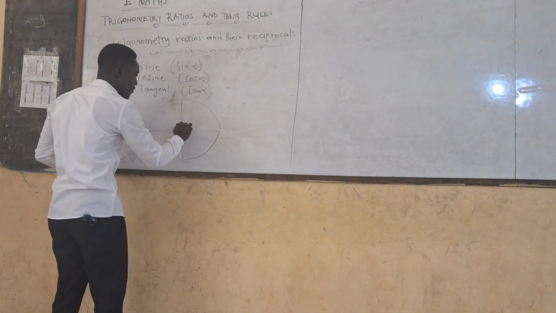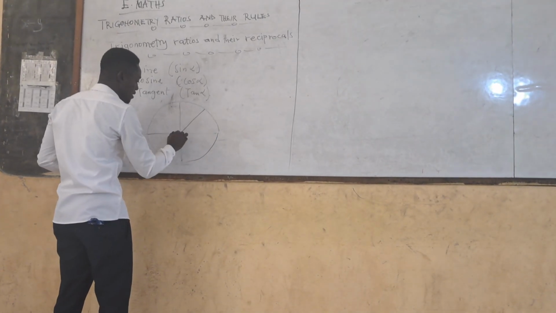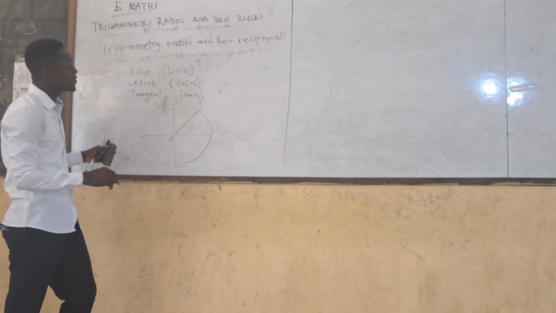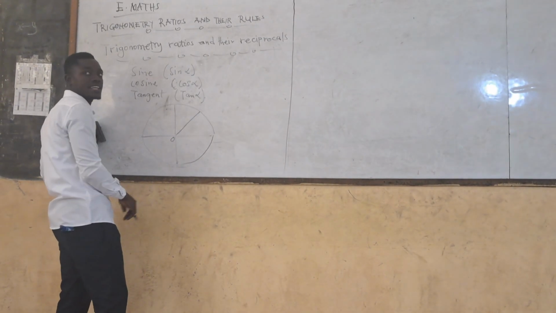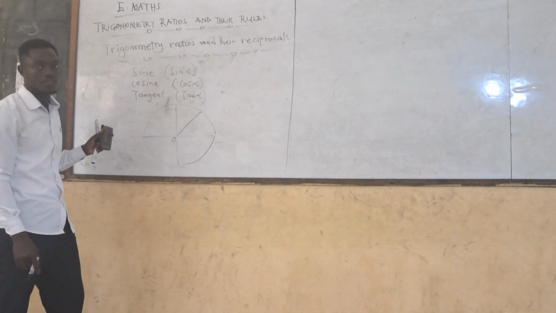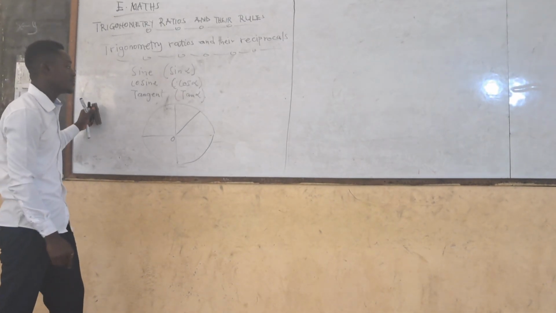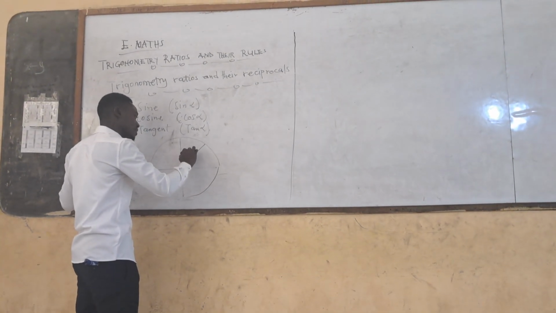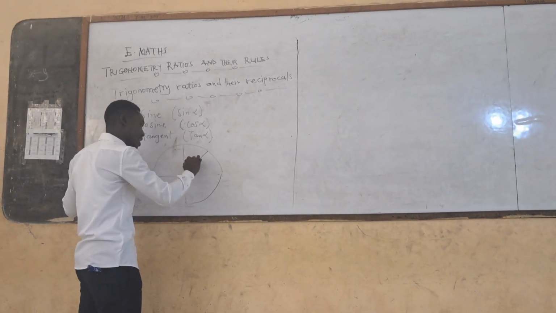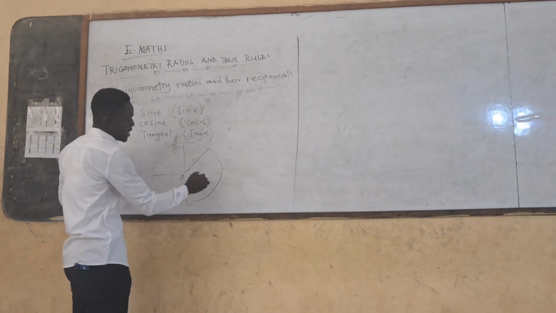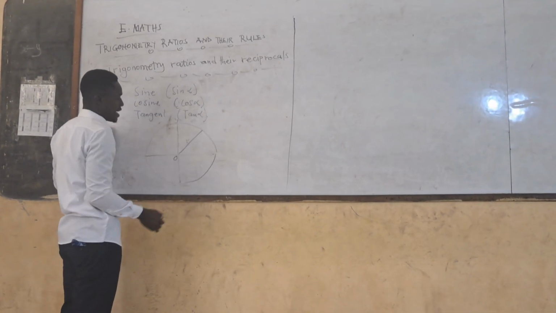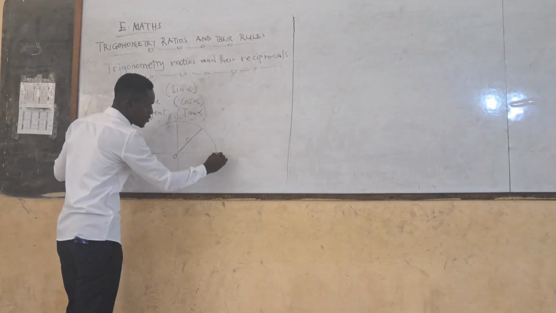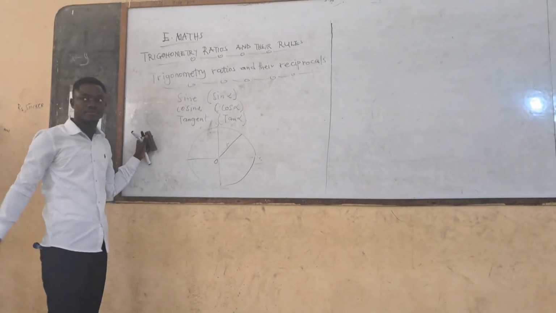Here is the center, and from the center to any part of the circle is our radius. Let's take this as our arm, the radius. This one is always x, and this one is always y, in the Cartesian plane.